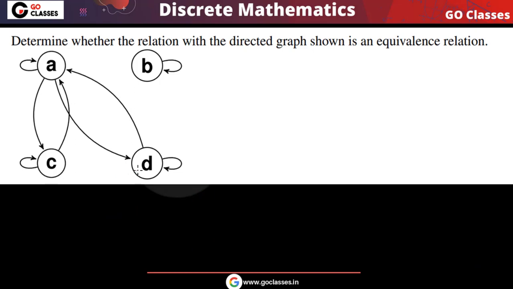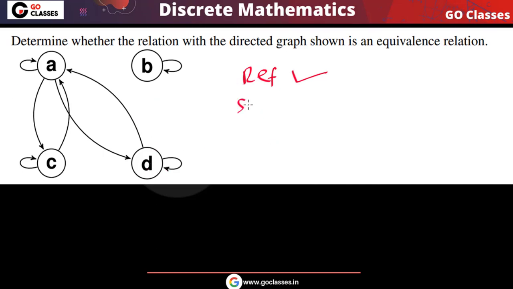What about this? This is a relation given to you using the graph representation. Is this an equivalence relation? This is also not an equivalence relation because it is not transitive. You can clearly check, this is reflexive because all the self loops are there. B is related to B, D is related to D, so all the self loops we have.